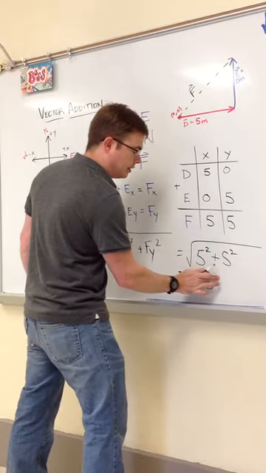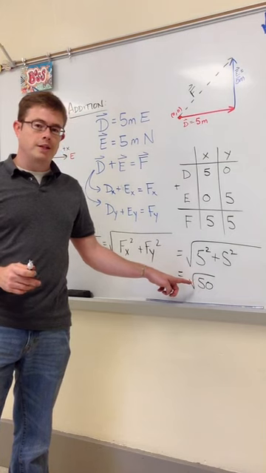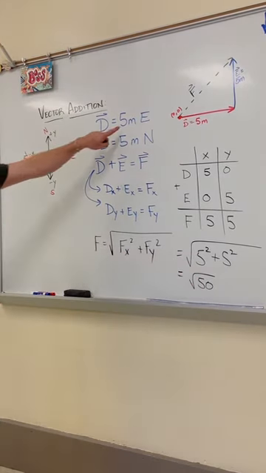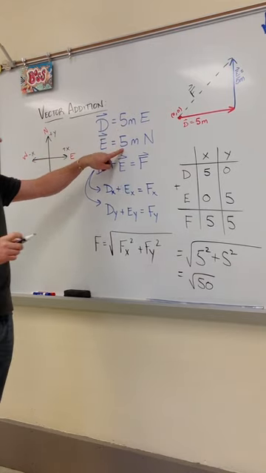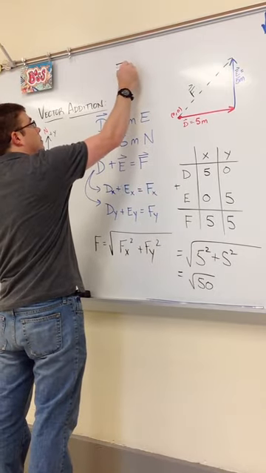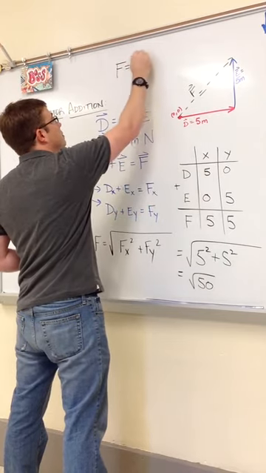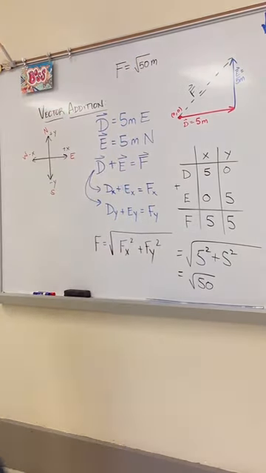I'm going to leave it like that for right now just because I don't have a calculator in front of me, but you could multiply this out and get a decimal, and have 1 sig fig in it because you only have 1 sig fig here. So your magnitude for F, the length of this arrow right here, is the square root of 50 meters.